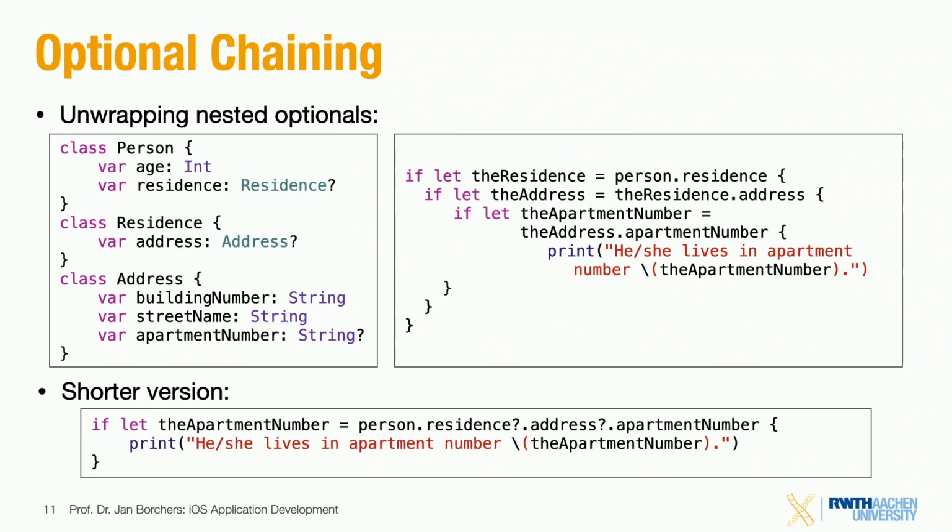The question marks again show, okay, this is something where it could fail. This could be something that is not set. And if either of those is nil, then this whole assignment doesn't work and I won't be able to print that out. But if everything works, this is exactly the same as that one. So it's quite a lot easier to work with optionals that are nested in each other.